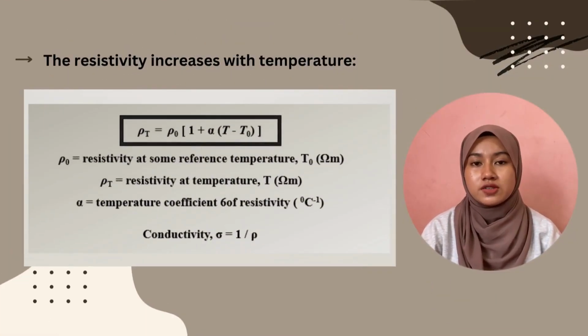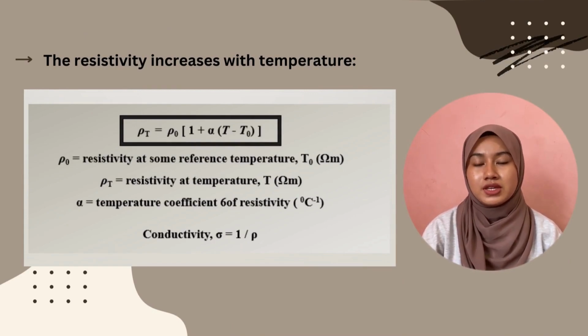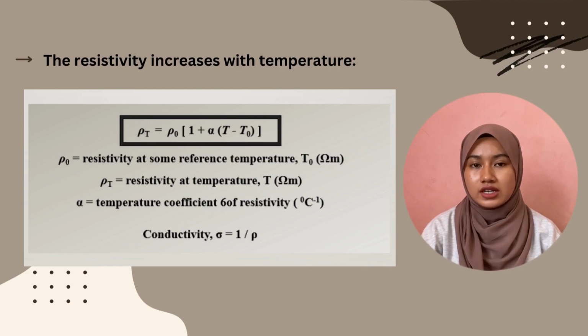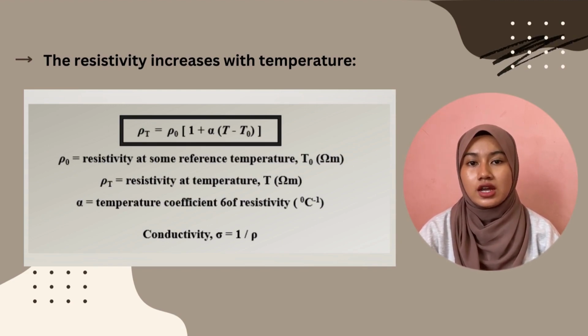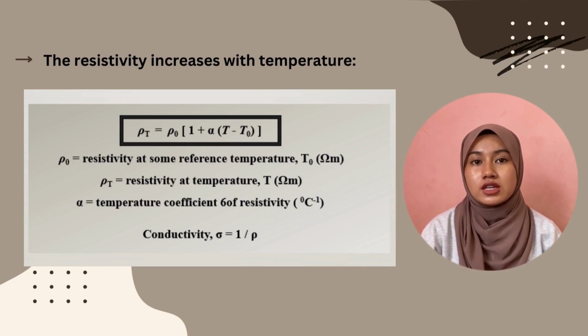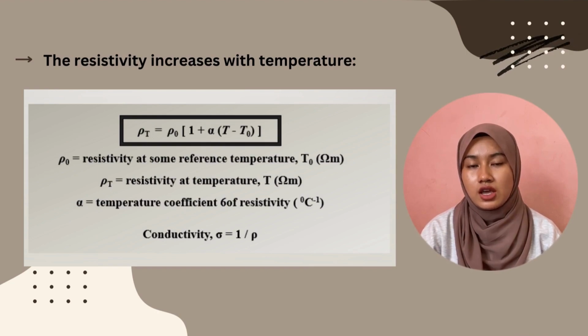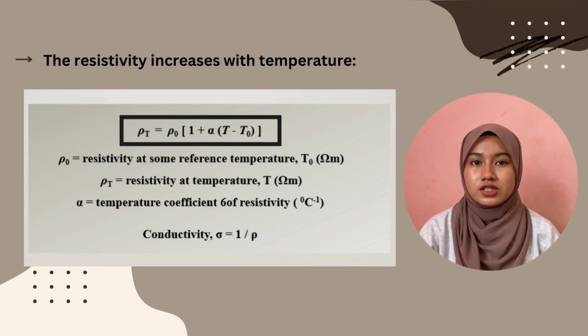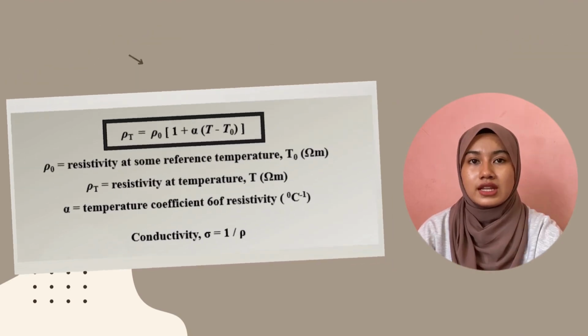The resistivity increases with temperature, which is rho temperature equal to rho naught times 1 plus alpha times T minus T naught, whereas rho naught is the resistivity at some reference temperature, rho temperature is the resistivity at temperature T, alpha is the temperature coefficient of resistivity, and also conductivity, which is 1 over rho.